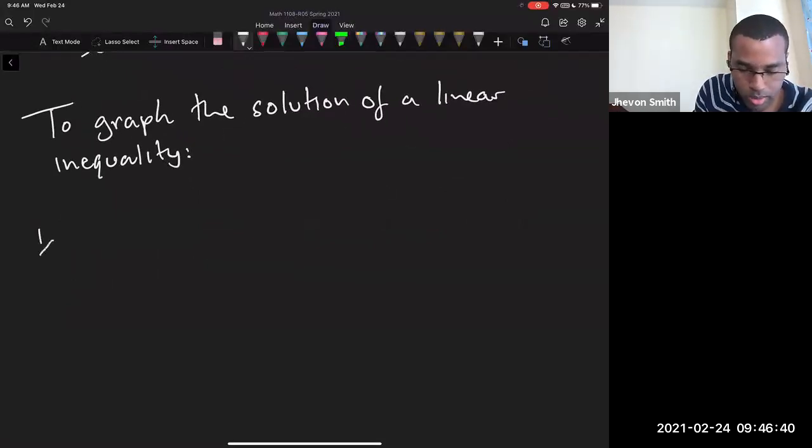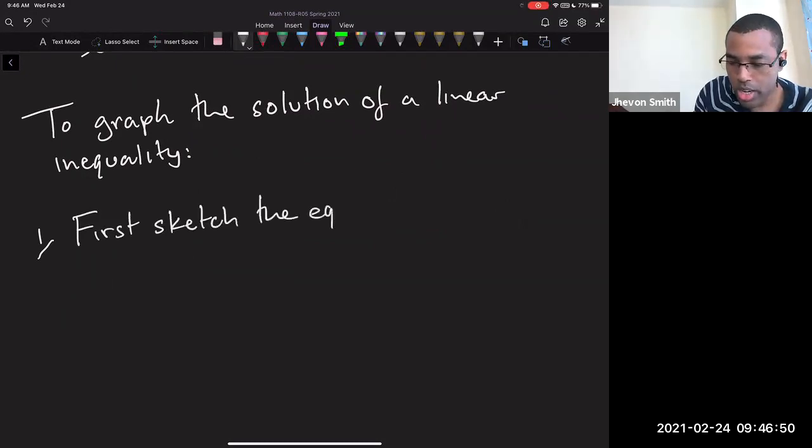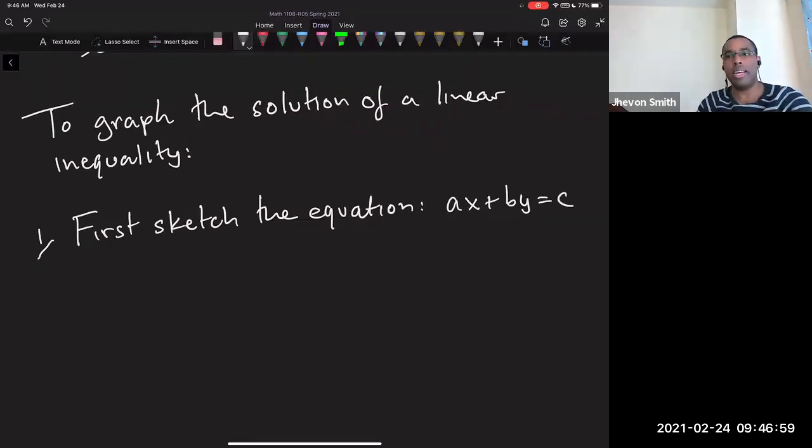One, what you will actually do is first sketch the equation. So you're first going to sketch the line that is the equation. Now, I'll mention some things here. They're not actually a part of the steps, but they are things you should be aware of so that you don't waste your time.